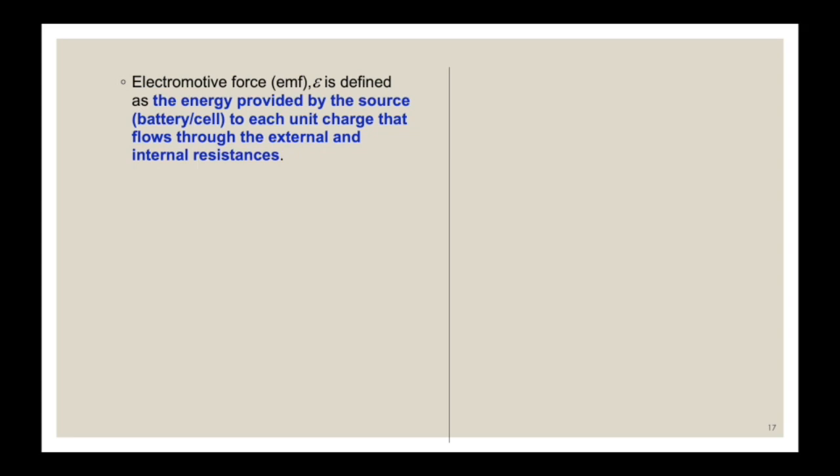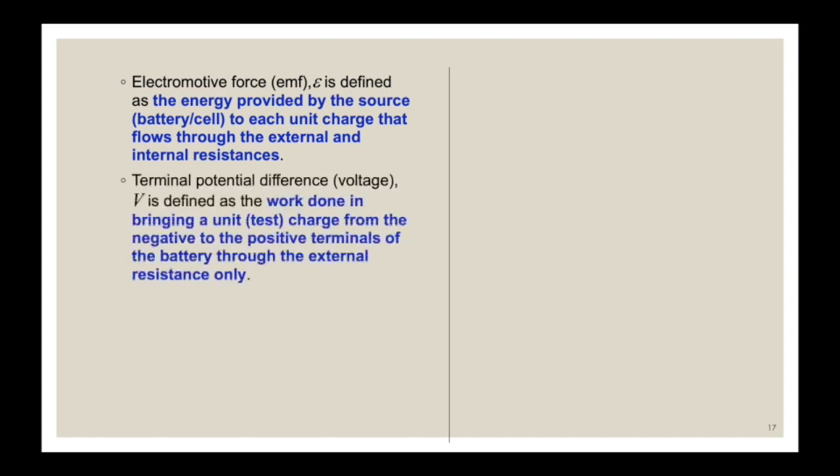So in the battery, the original energy provided is called the EMF. Meanwhile, the terminal potential difference is the work done in bringing a unit test charge from the negative to positive terminal of the battery through external resistance only.